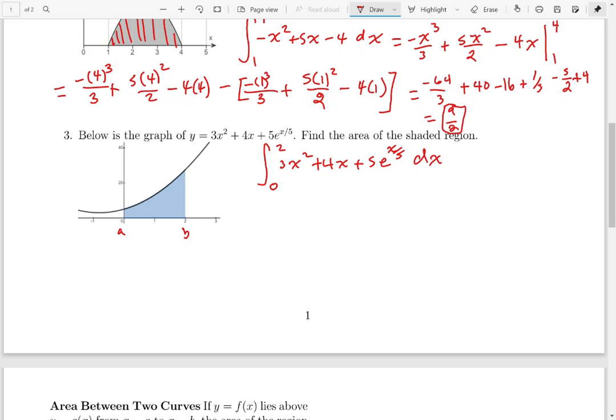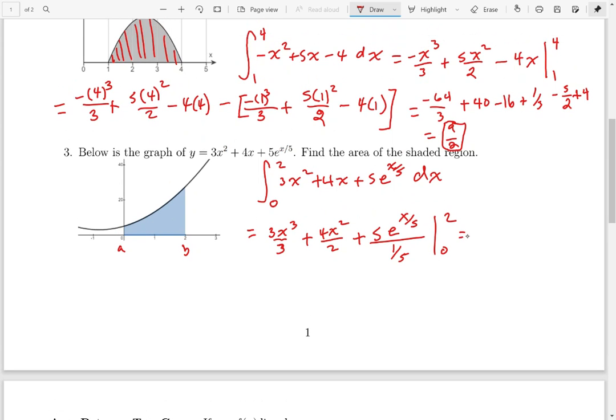Step 1, of course, is to find the antiderivative. That's going to be 3x cubed over 3 plus 4x squared over 2 plus 5 times e to the x over 5 divided by 1/5. And then from our limits of integration, which are from 0 to 2.